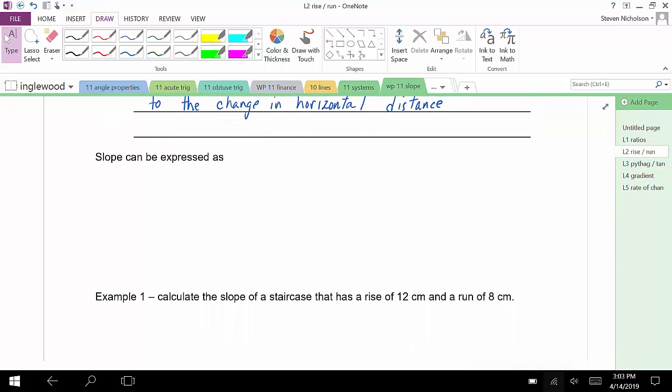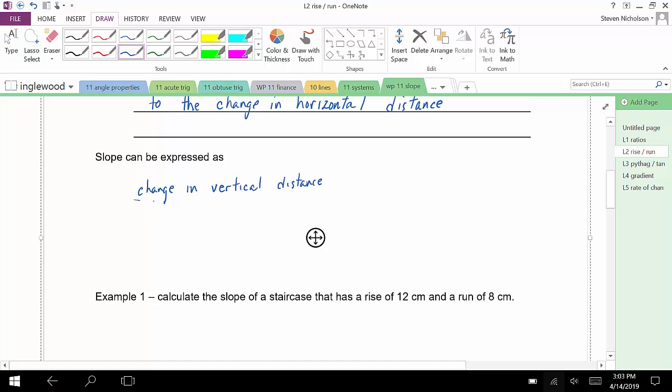So slope can be expressed as a formula, or as a ratio that we talked about last day, but as a fraction. So a change in the vertical distance over, or compared to, however you want to say it, the change in the horizontal distance.